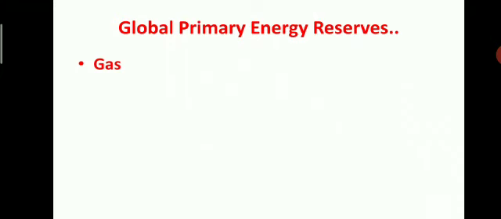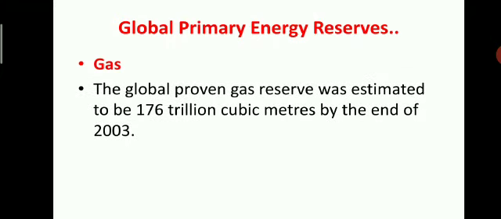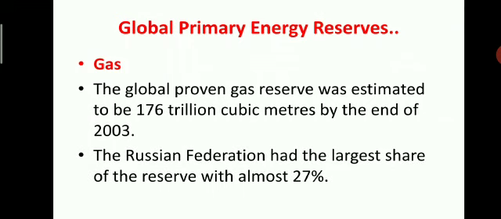Let us see gas. The global proven gas reserves was estimated to be 176 trillion cubic meters by the end of 2003. The Russian Federation had the largest share of reserve with almost 27%. So Russia is presently also having the largest share of reserve in case of gas, 27%.